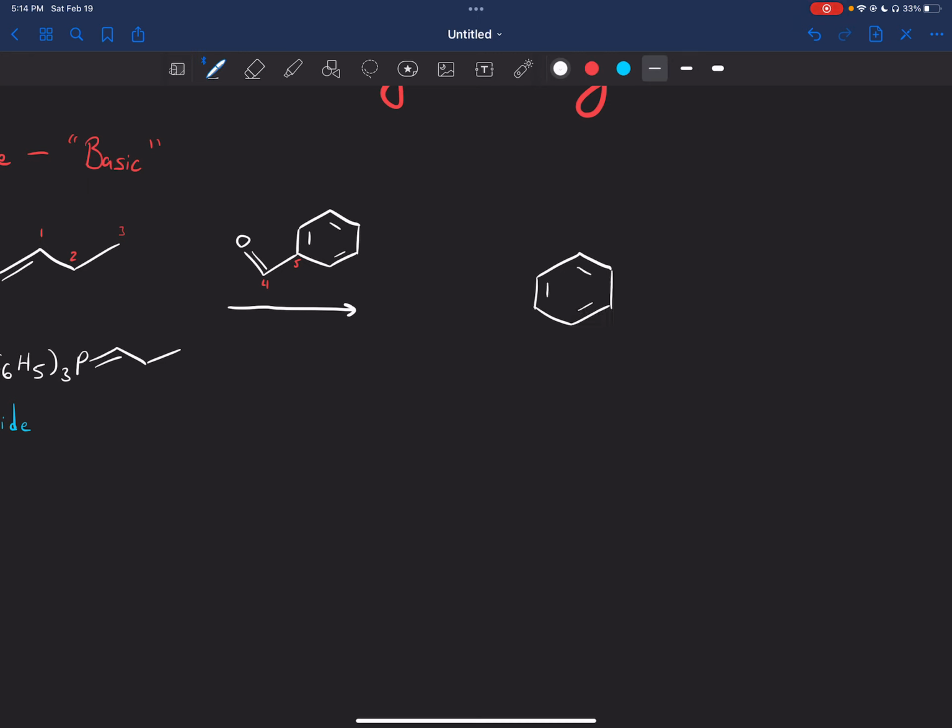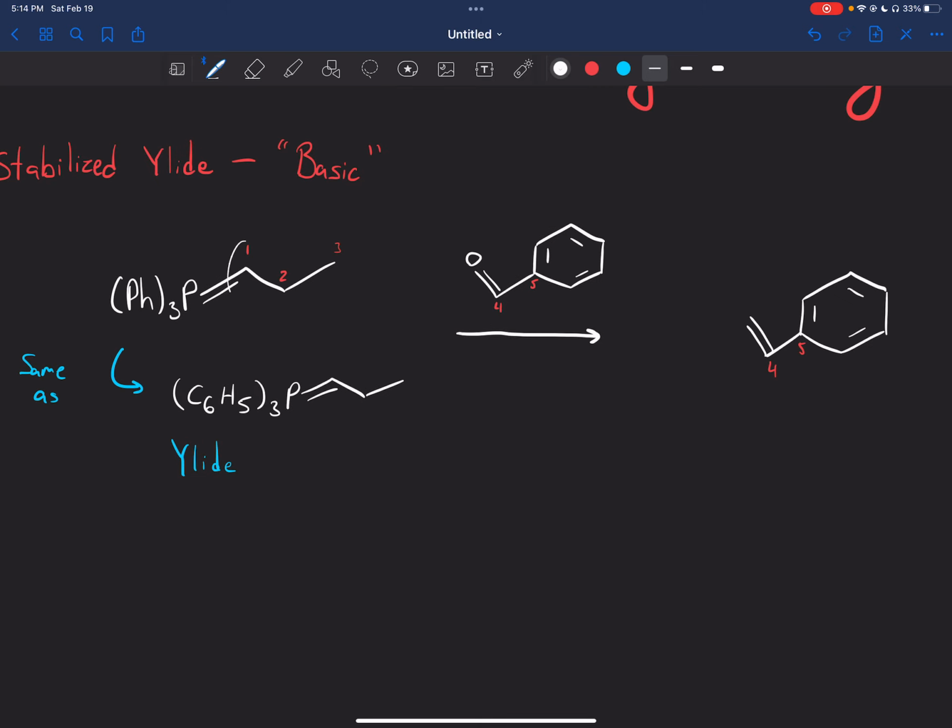Benzene, this compound carbon, so we call this 5, 4. 4 is going to be double bonded. And at the opposite end of 4, what carbon is double bonded to is carbon 1. Now, the basic Wittig reaction is going to create the Z isomer, which means both of those carbon chains should be on the same side of the double bond.